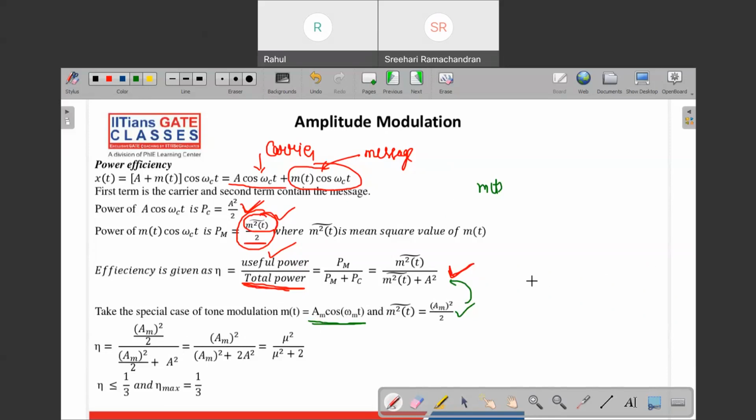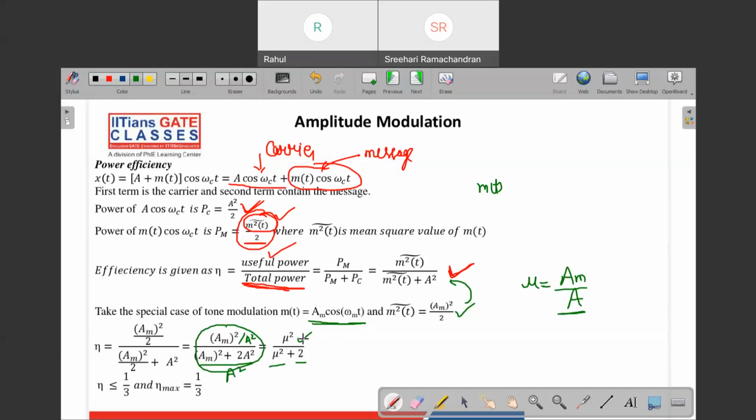Now we know that for this signal, mu will be equal to Am by A. Am is the maximum value of the signal, or the magnitude of the minimum value of the signal, divided by A. Now if you take this expression and divide both numerator and denominator by A square, the numerator will become mu square and the denominator will become mu square plus 2.